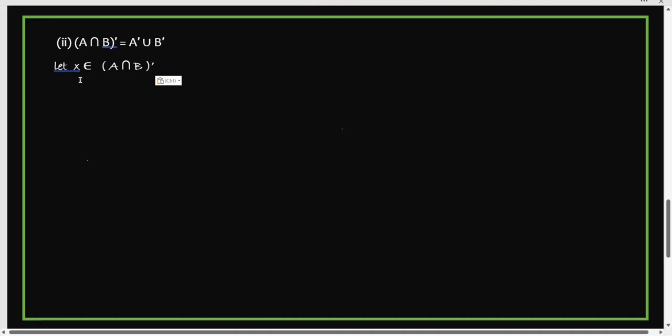So let x be an arbitrary element which belongs to (A ∩ B) complement. That implies what? We have to remove this complement, right? We have to remove the dash. x does not belong to A ∩ B. We remove the complement and write does not belong to.